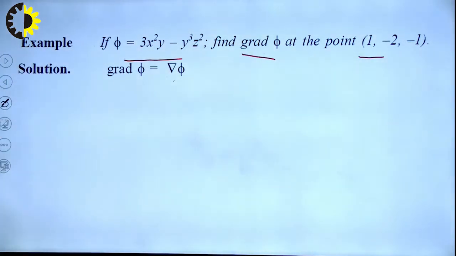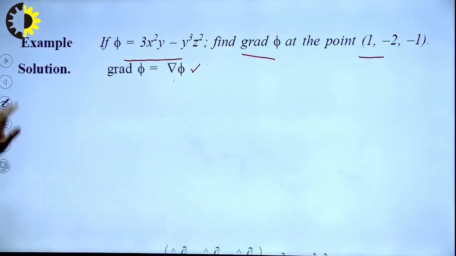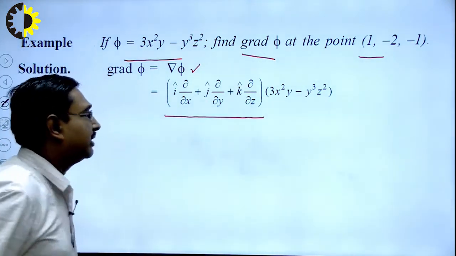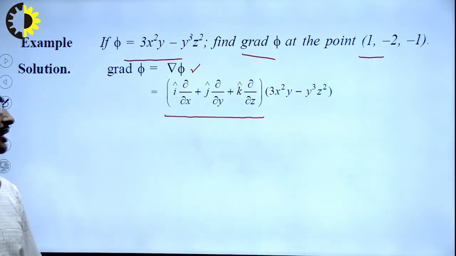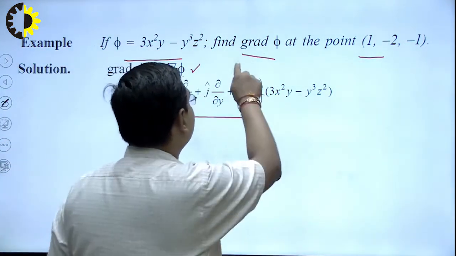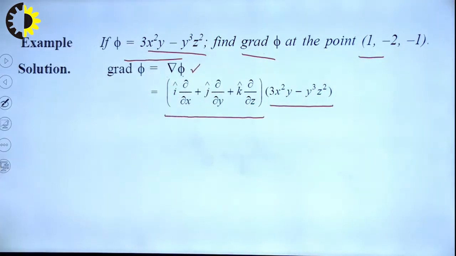We are aware that grad phi is nothing but del of phi. This del is replaced by its expression i cap ∂/∂x plus j cap ∂/∂y plus k cap ∂/∂z. This phi is replaced by its value 3x²y minus y³ minus z².